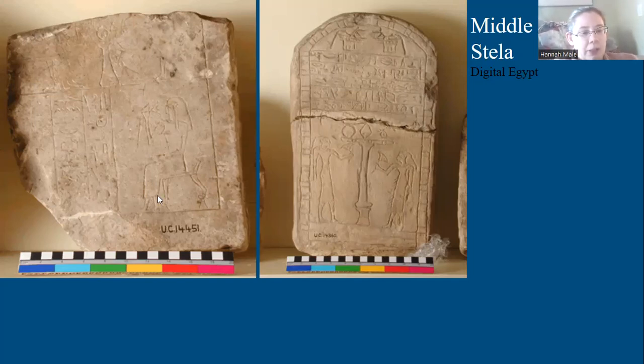So these are some examples of stele from the Petrie Museum, because in the 19th century, stele just littered Abydos, and a lot of these were picked up by people and are now scattered throughout the world in different museums.